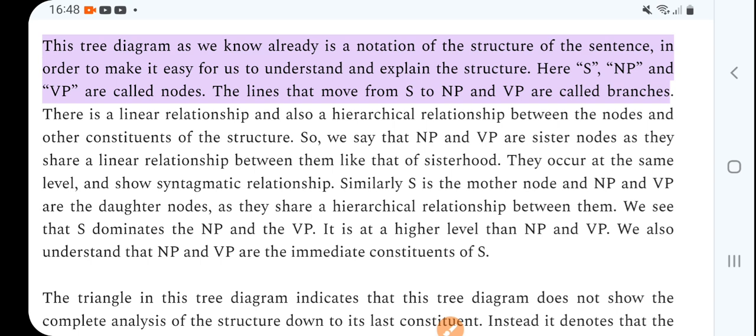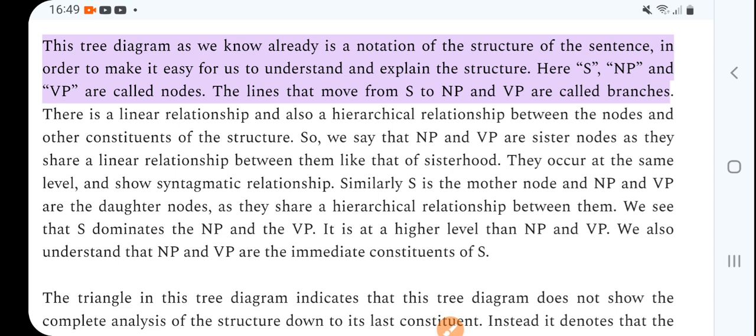The tree diagram, as we know already, is a notation of the structure of a sentence in order to make it easy for us to understand and explain the structure. So the ultimate purpose of any tree diagram or IC analysis, that is sentence bracketing, is to understand and explain what kind of structure this sentence follows, right?